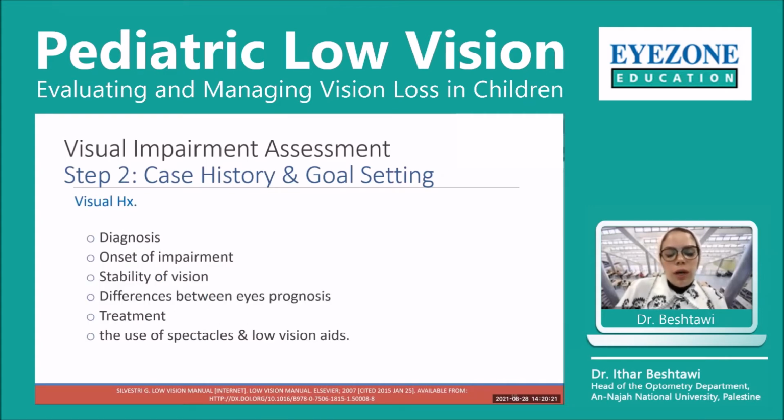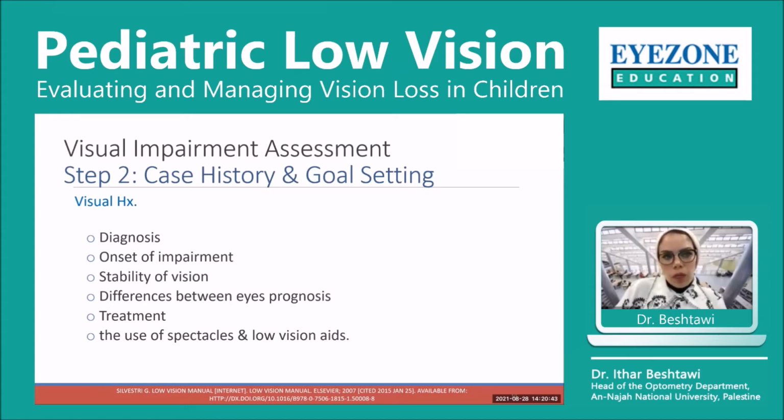Actually, you can also ask the parents about the prematurity of the child, if he was born before 9 months or not, because you could suspect cortical damage that could have happened to the child, and that was the cause of the visual impairment.